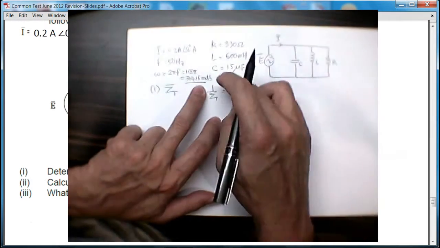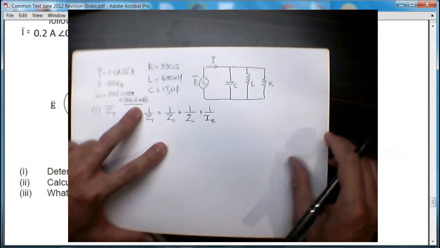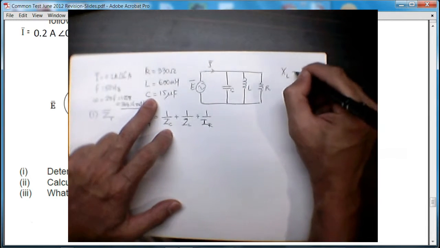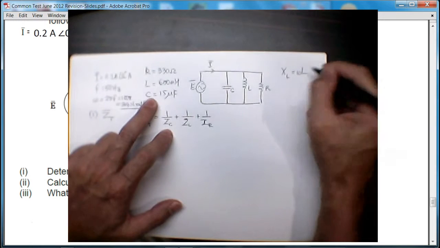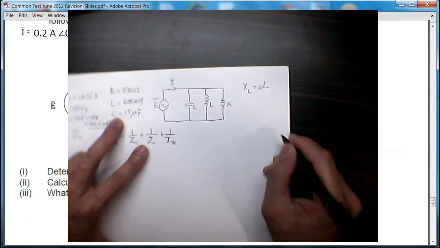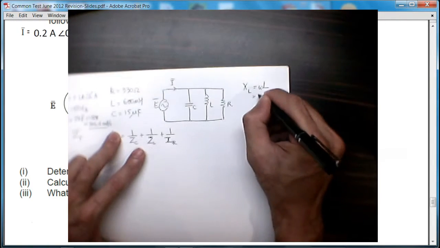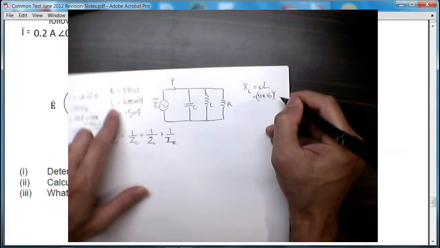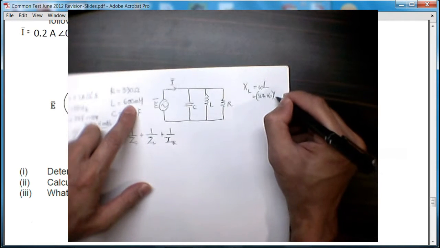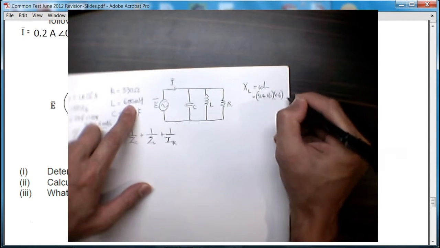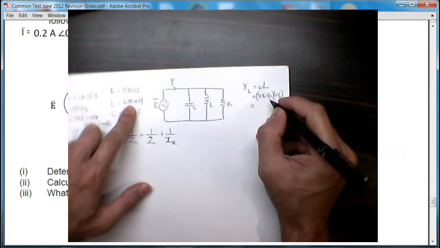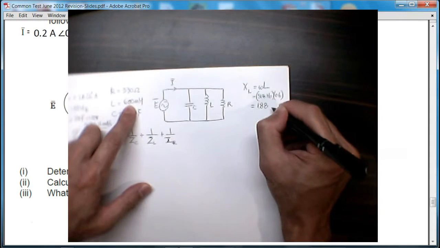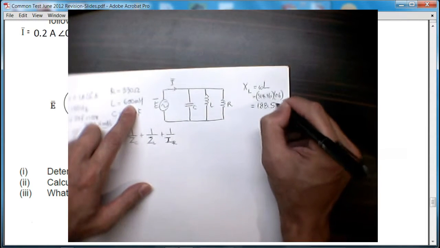From here, I can calculate the reactance due to the inductor, which is given by the formula omega L, which is equal to 314.16 multiplied by the inductor value, which is 0.6 Henry. That gives me 188.5 ohm.